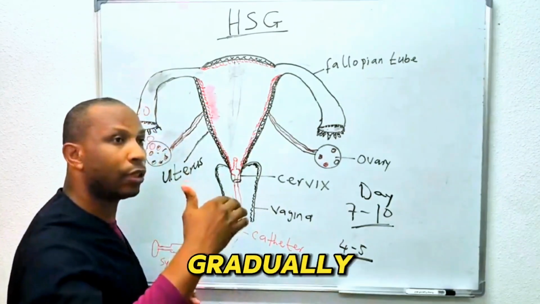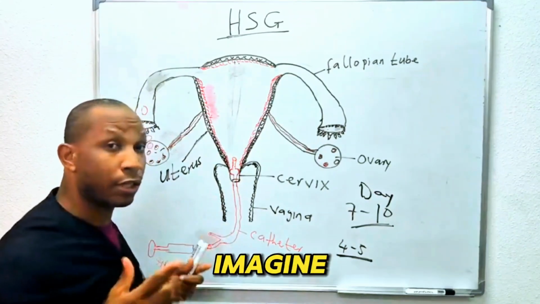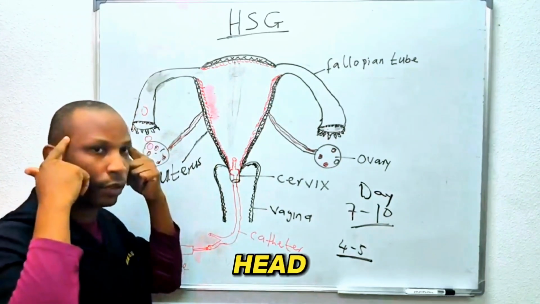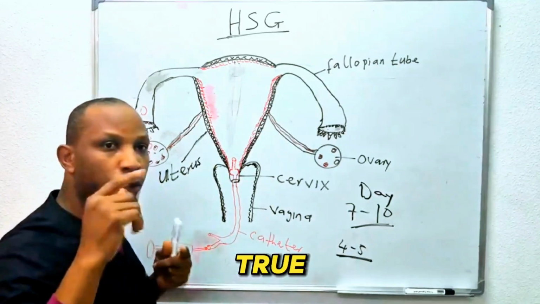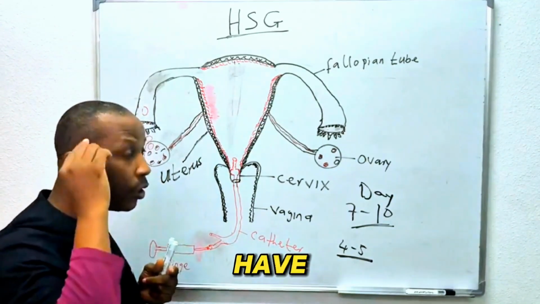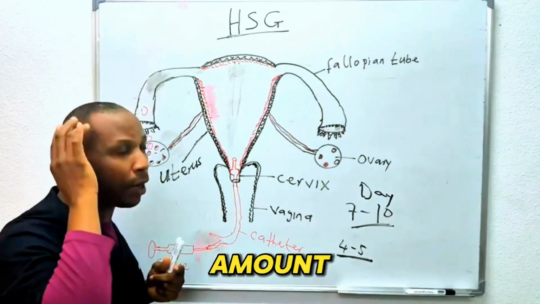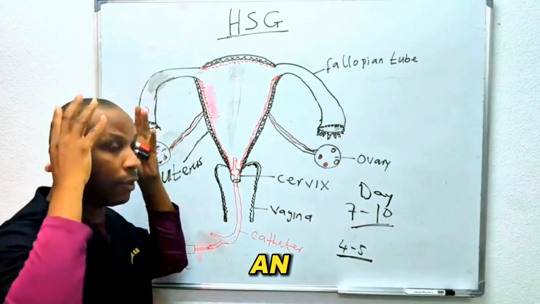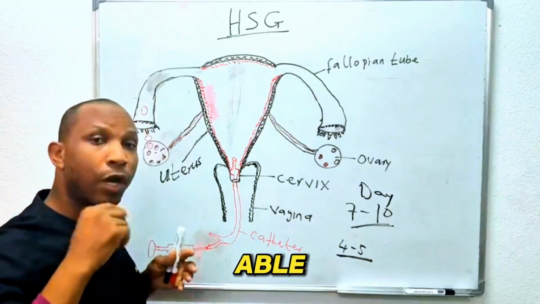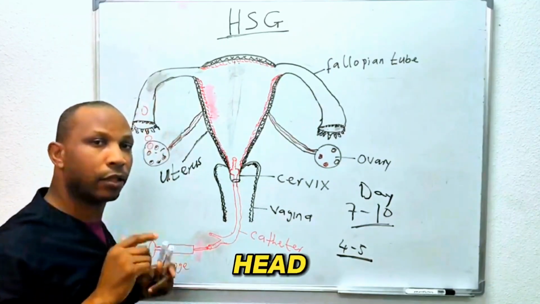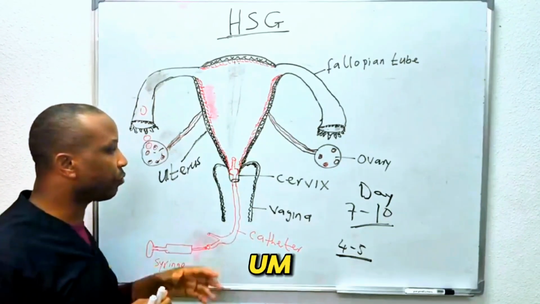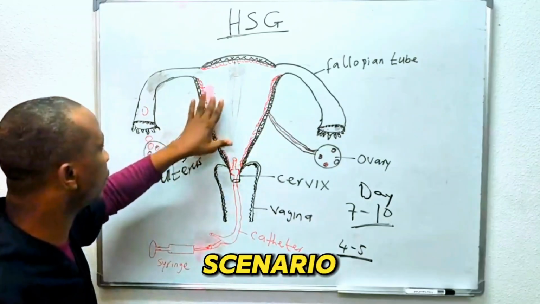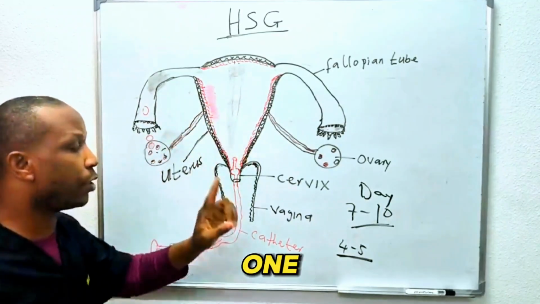Because after that, it gradually starts to grow. Just imagine you want to know the true shape of my head. You will appreciate the true shape of my head better when I have just little or no amount of hair on my head, all right? But by the time I carry an afro, you won't be able to appreciate the true shape of my head. That is the same scenario that plays out here, all right? That is one reason, okay?